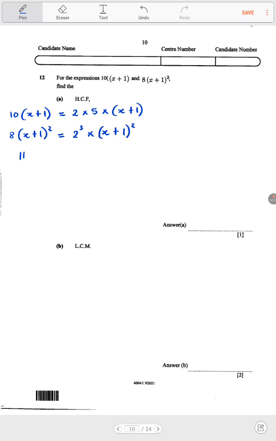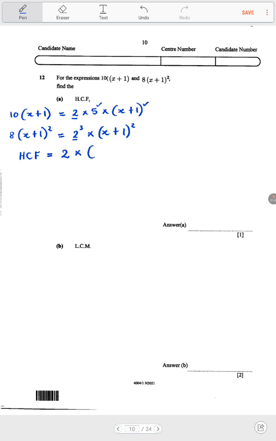So when you're looking for your highest common factor, you look for the factors that are common to both numbers, and you choose the common factors with the lowest power. So here we have 2, and here we've got 2, which means 2 is included, and you choose the one with the lowest power, which means it's just 2 to the power 1. And then we ignore 5 because 5 is not common, and then we look at x + 1.